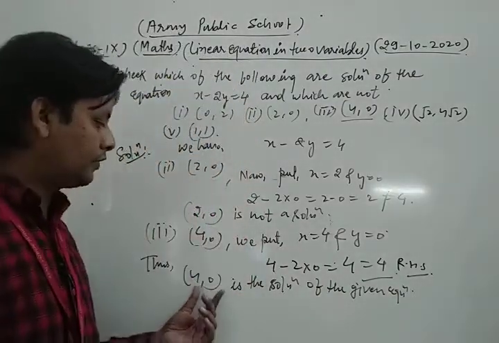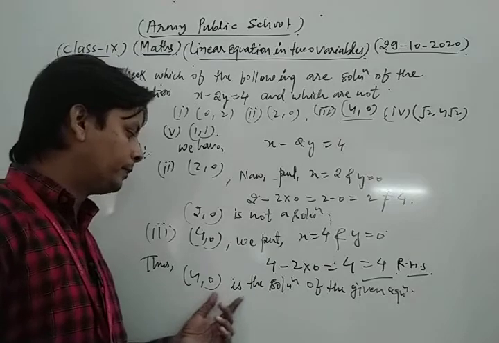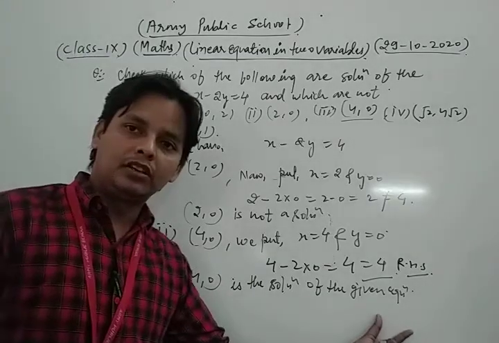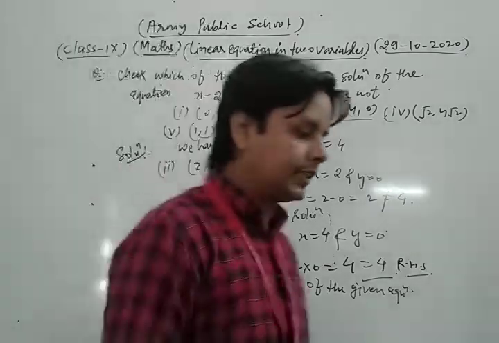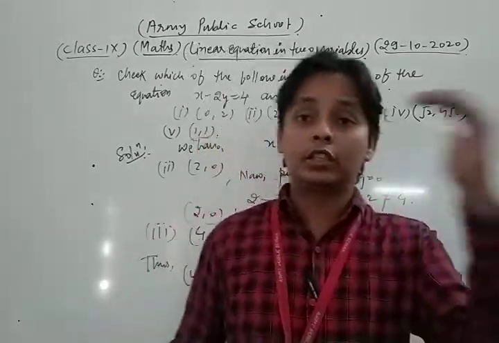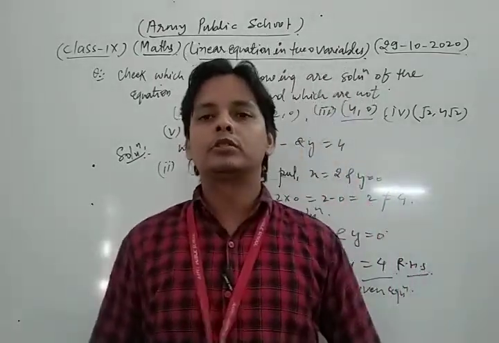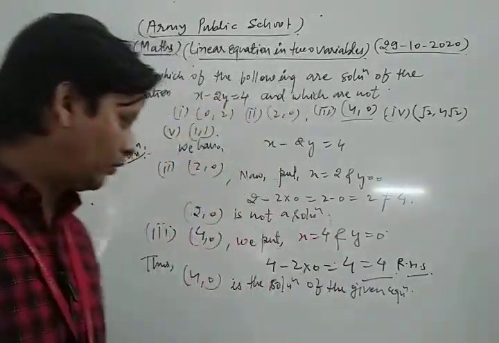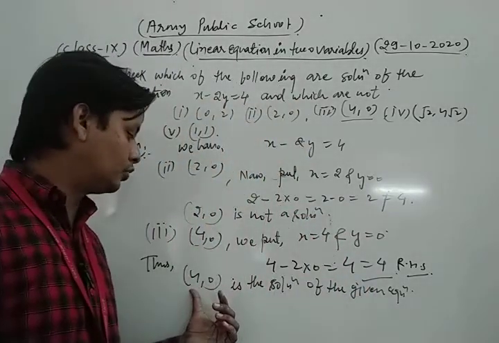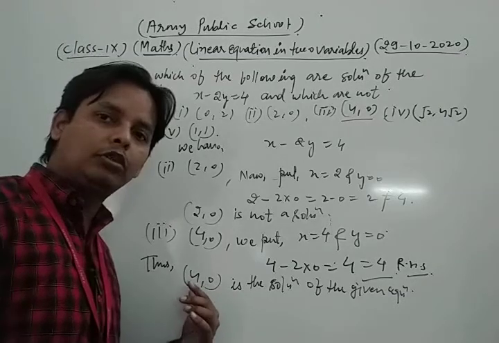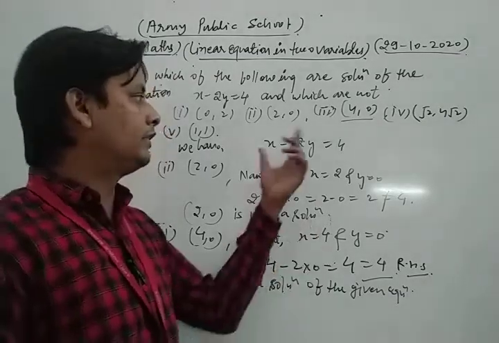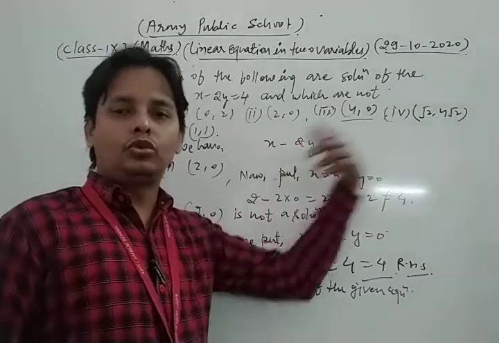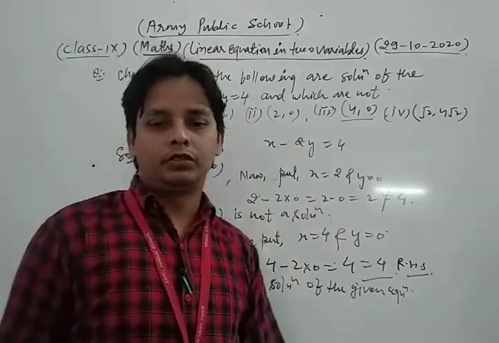Because, as I just discussed, the pair of values of x and y which satisfy the given equation is the solution of the given equation. So here the ordered pair 4, 0 is the pair of values of x and y which satisfy the given equation. So this is the solution of the given equation.